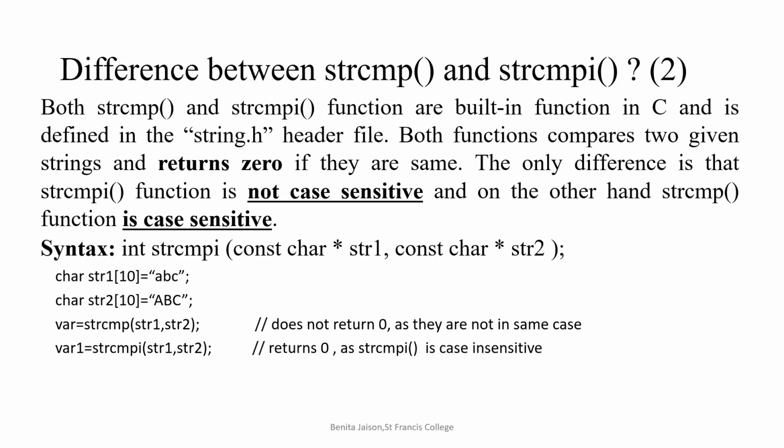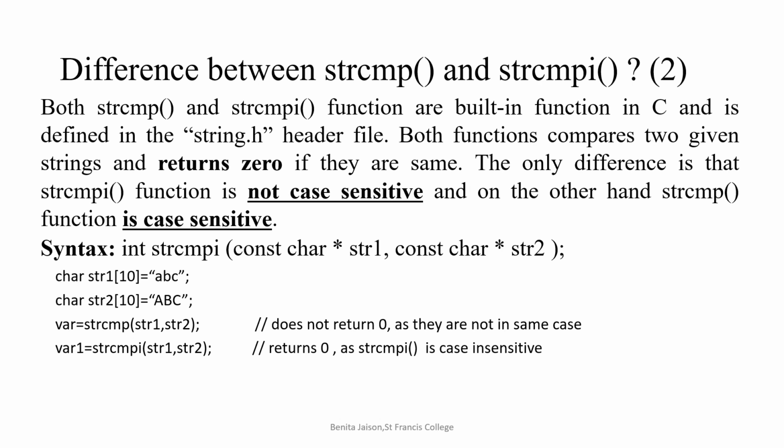Difference between strcmp and strcmpi: as we have seen already, string comparison can be done between two strings using the string functions strcmp or strcmpi. These are built-in functions in the C library, and you can access them if you include the string.h header file.